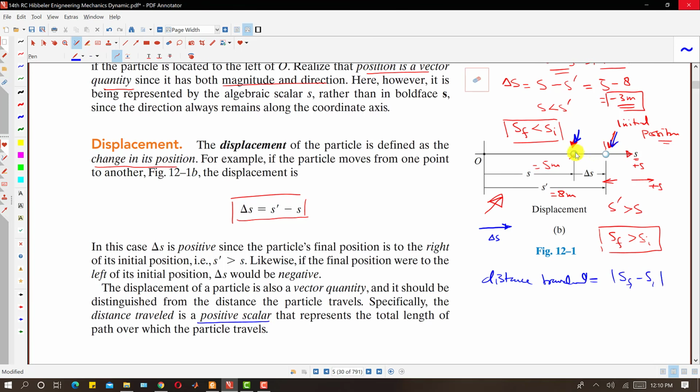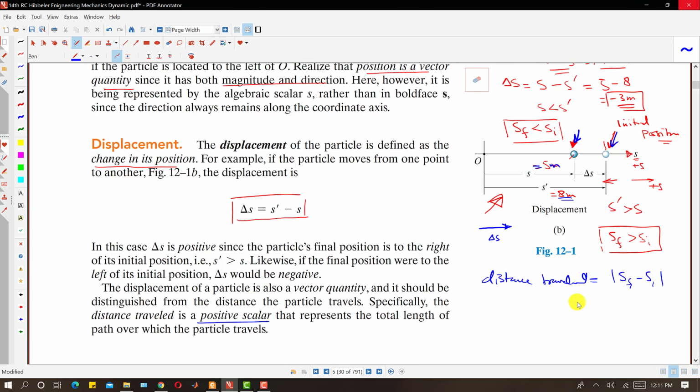So if someone asks what is the distance traveled by this particle, and the initial position of this particle from the origin is 3 meters and the final position from the origin is 8 meters, the distance traveled will be 8 minus 3.